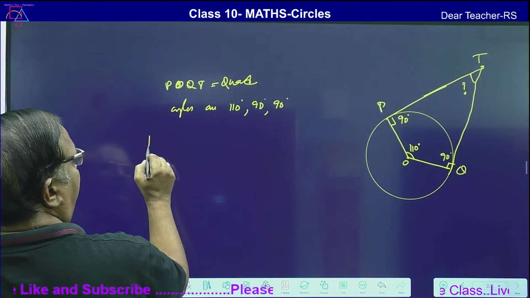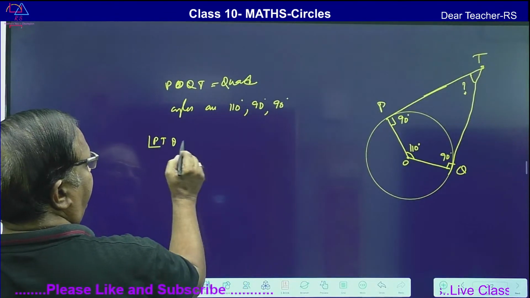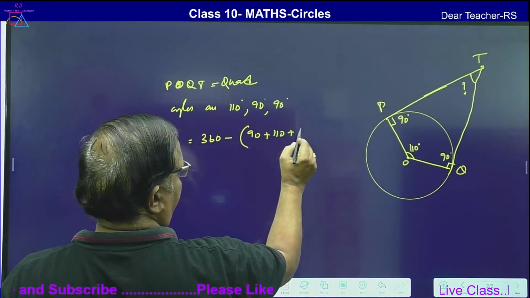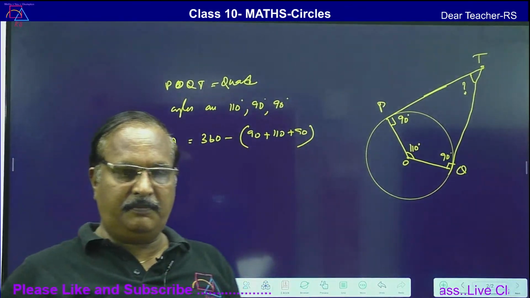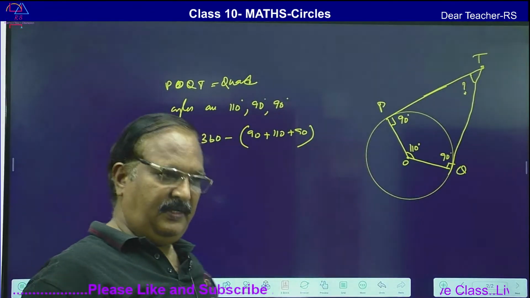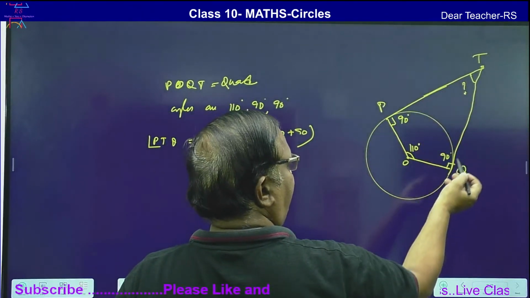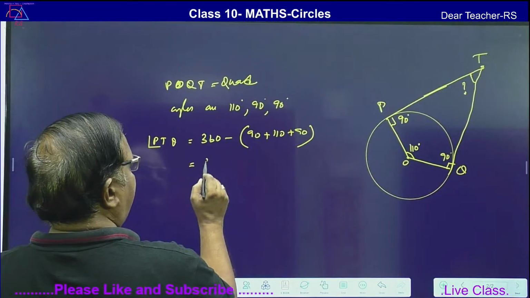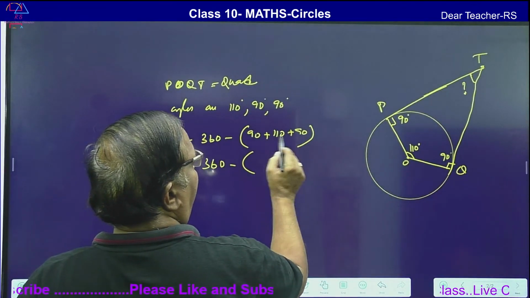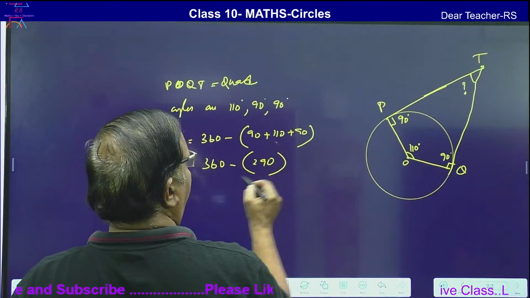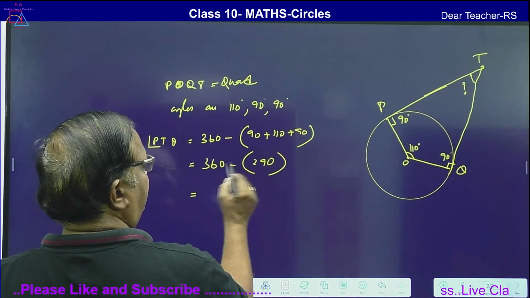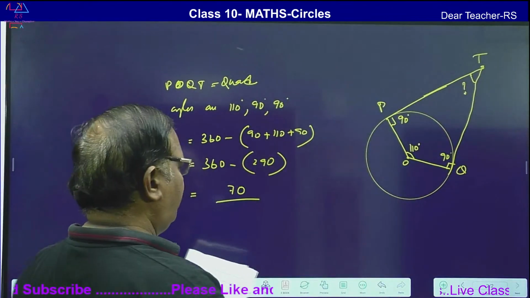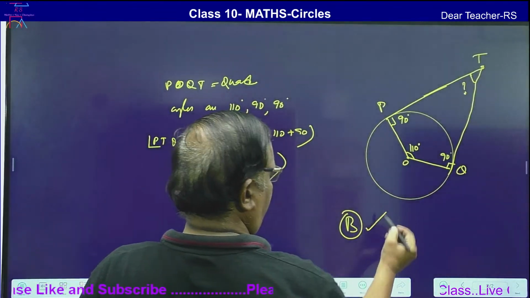So angle PTQ is equal to 360 minus these three angles. The property is that the sum of four angles in a quadrilateral is 360 degrees. This angle is given, these two are 90, 90, very simple. So 360 minus 290, that's 70 degrees. 70 degrees is the answer. Option B is correct.